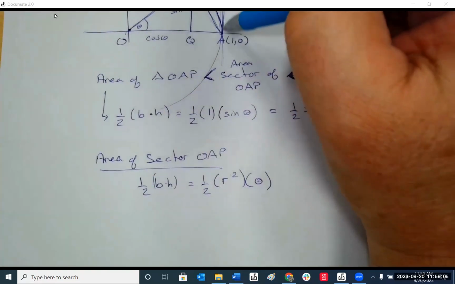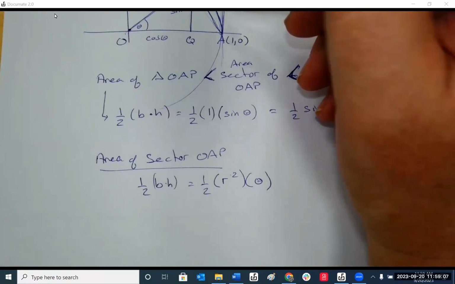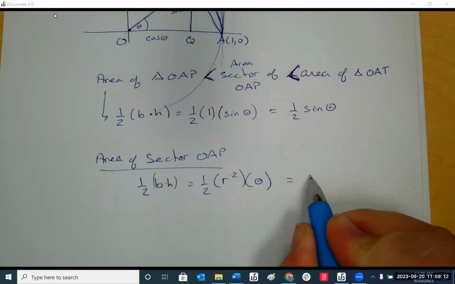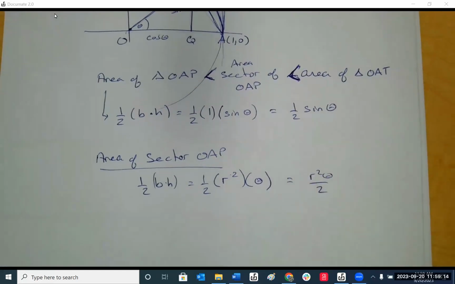Because remember, it's the arc. It's the arc length we're looking at. Which is r squared theta over 2.